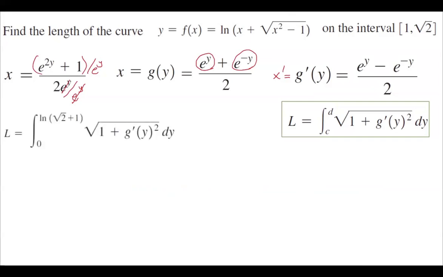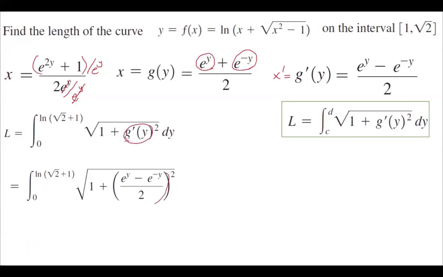So L is the definite integral from 0 to ln of (square root of 2 plus 1) of the square root of 1 plus g prime of y to the second, dy, which in turn can be written as the square root of 1 plus, wherever you see g prime of y, you're going to write down (e to power y minus e to power negative y) divided by 2, and then you raise it to the second power. Then you take the integral with respect to y.